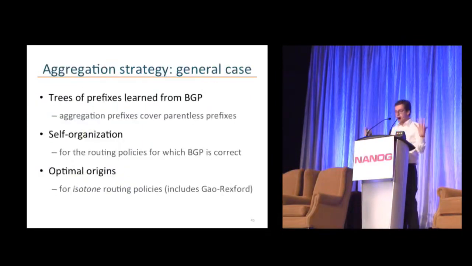Again, in the general case, the aggregation prefixes apply to the prefixes in the trees that are at the roots. The system self-organizes if there are more than one node originating the same aggregation prefix. And we even have optimality, under this magic of the isotonicity property: if routing policies are isotone, then the origins are optimal in the sense that they maximize the filtering possibilities elsewhere in the network.